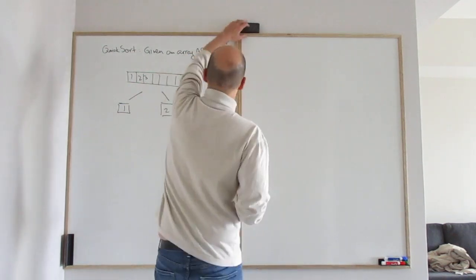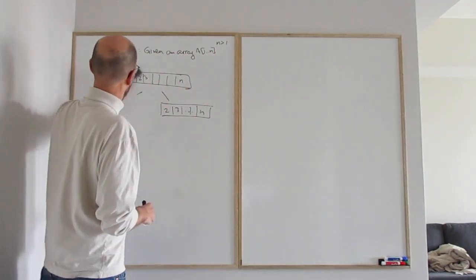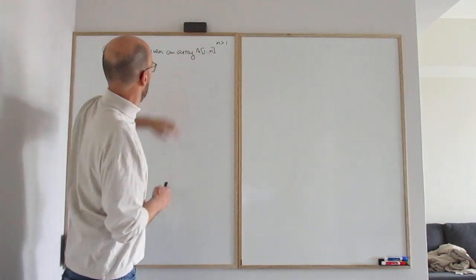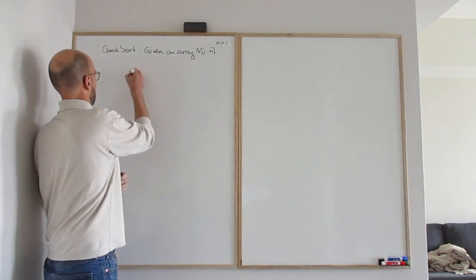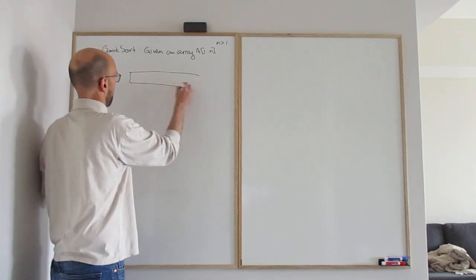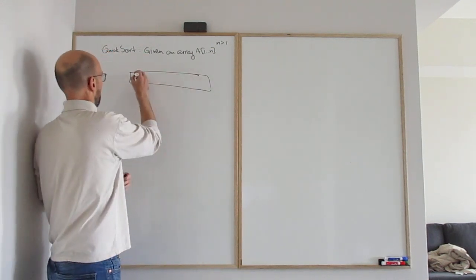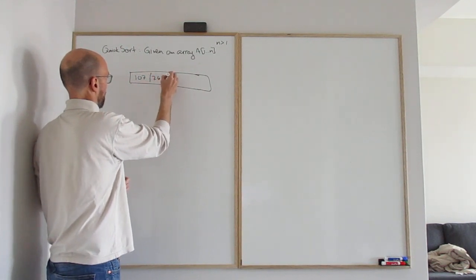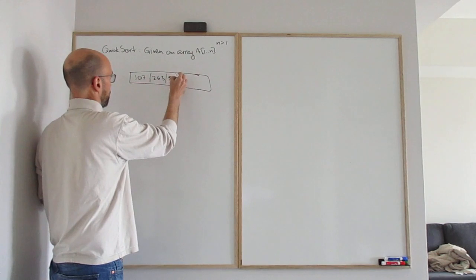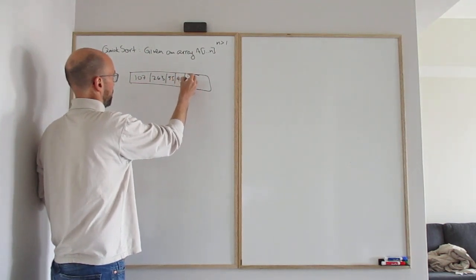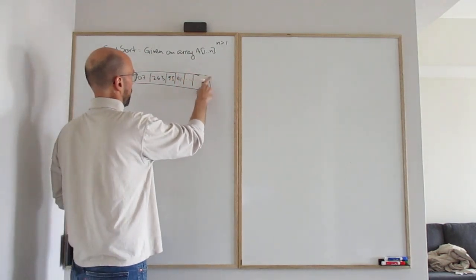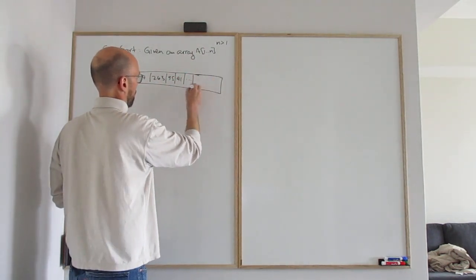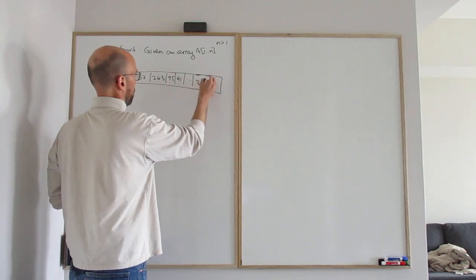So that also falls apart when I give you something like 107, 263, 95, 41, blah, blah, blah. And then over here I have 302.